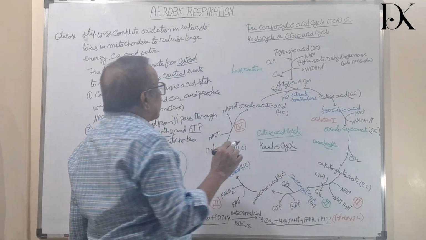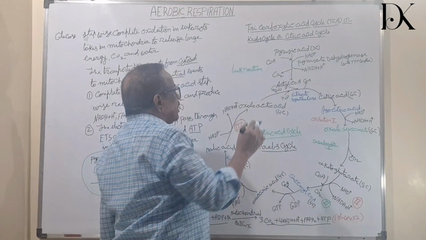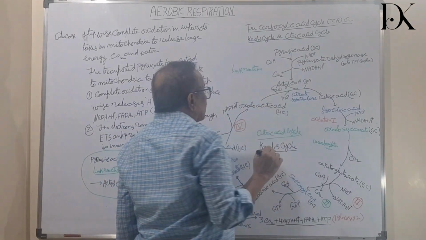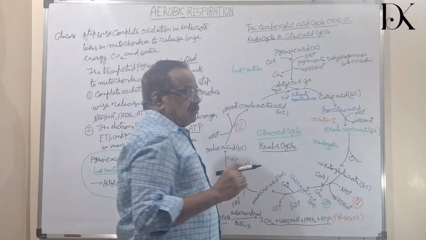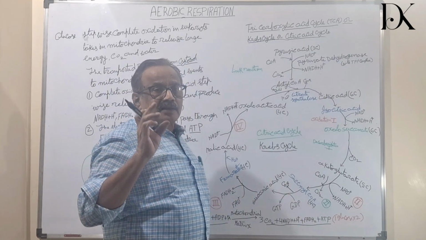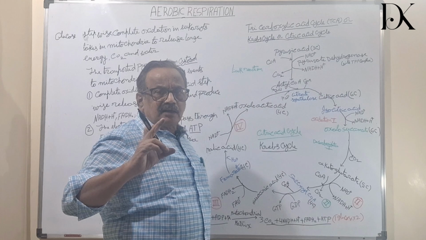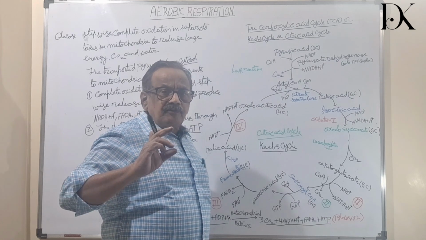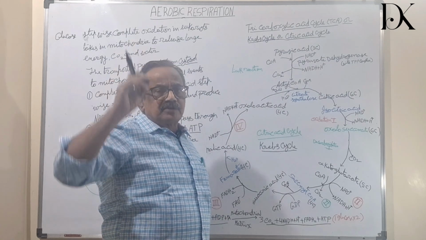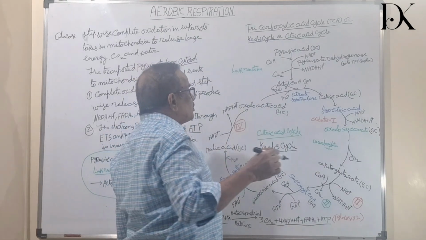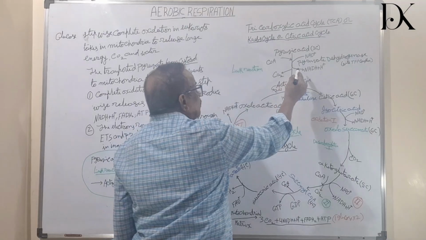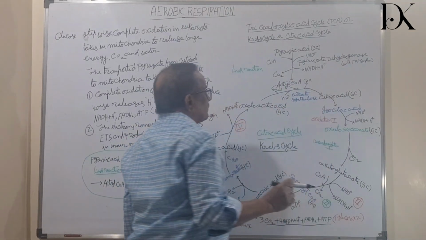Now, what happens in the link reaction? Pyruvic acid, which is a three carbon compound, undergoes a reaction with the help of a complex of enzymes. This enzyme complex is called pyruvic dehydrogenase.